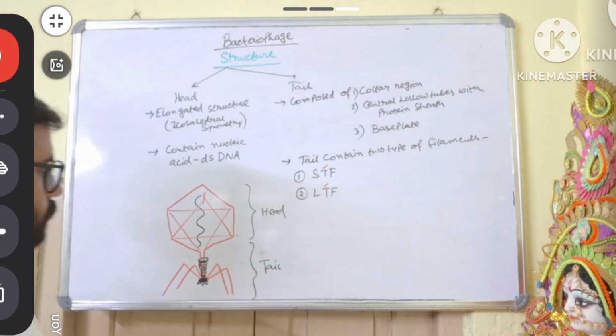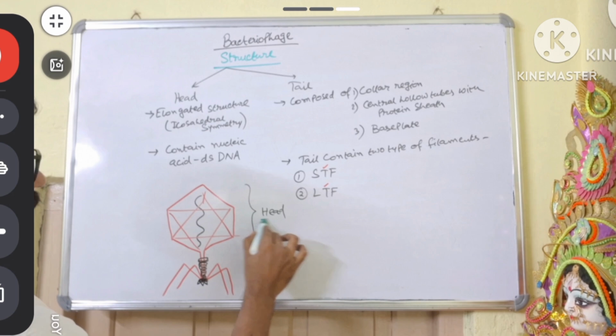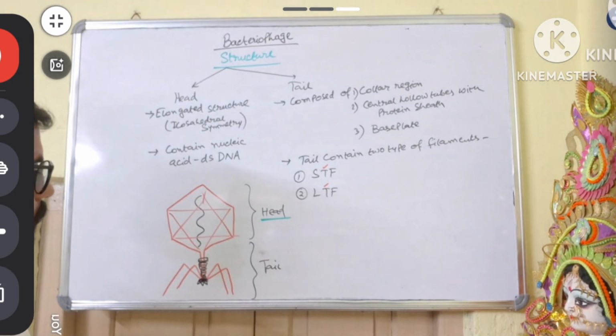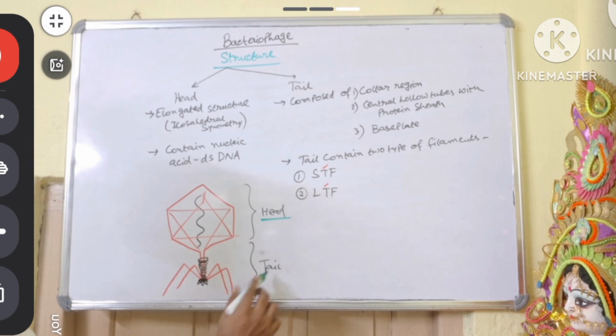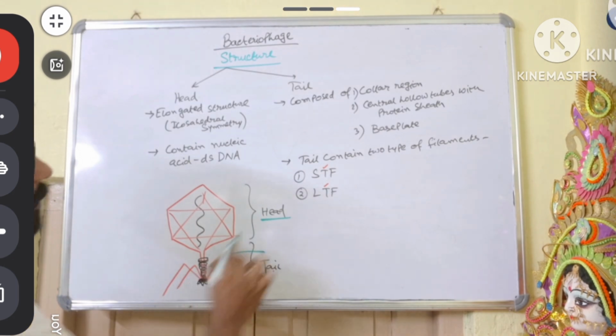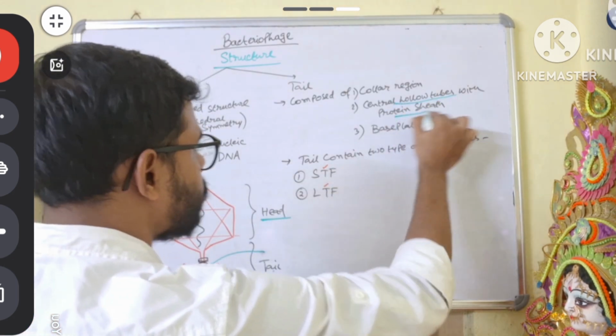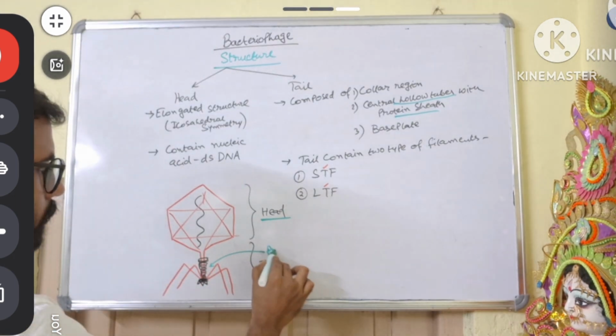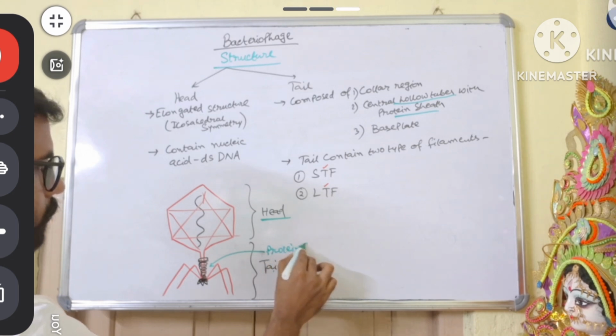Sir, could you repeat what you said just now? Yes, the head is icosahedral shape. Yes or no? Yes, sir. The tail contains central hollow tube with protein sheath, and spiral or helically arranged protein sheath. Yes or no? Yes.